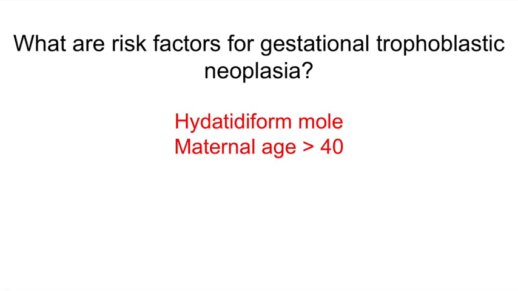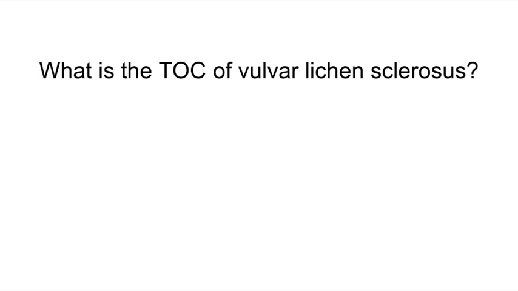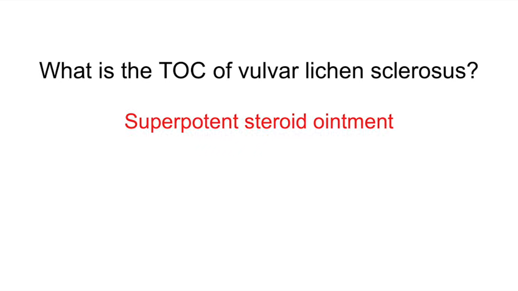Superpotent steroid ointment. This is a benign chronic condition that causes thinning of the vulvar skin in hypoestrogenic populations such as, for example, prepubertal girls and postmenopausal women, who can experience this condition because they are in a hypoestrogenic state.